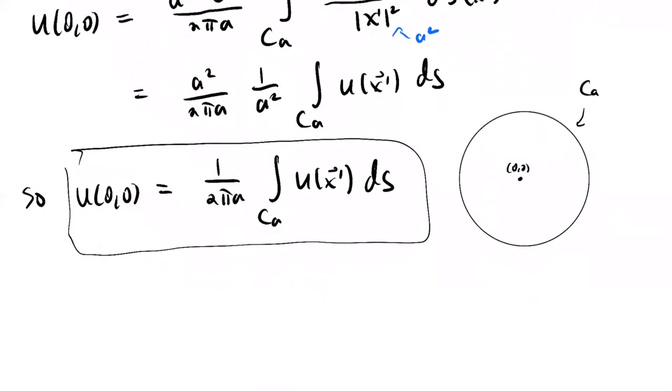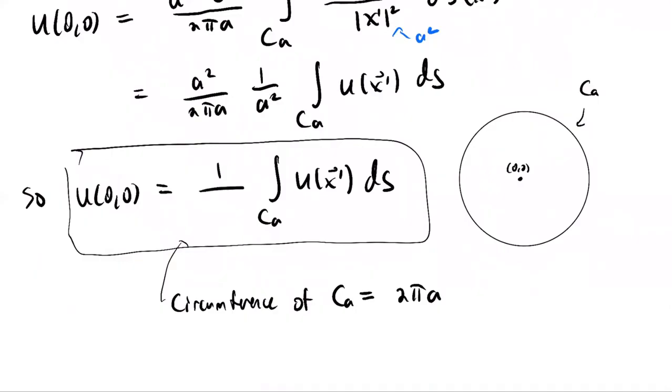Note that the circumference of CA is equal to 2 pi a.